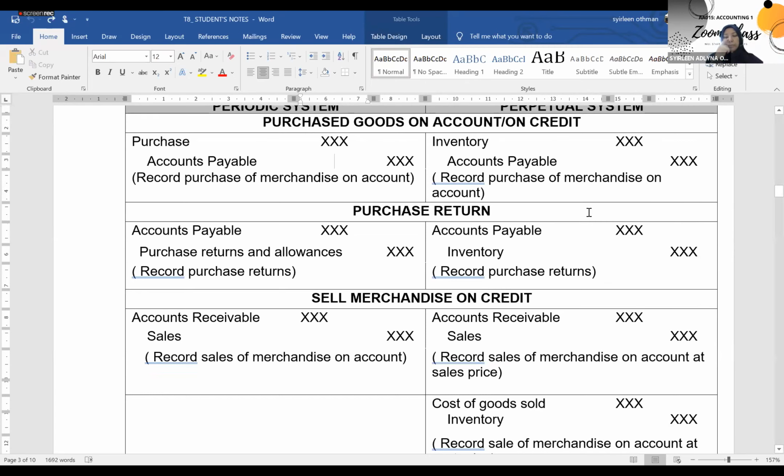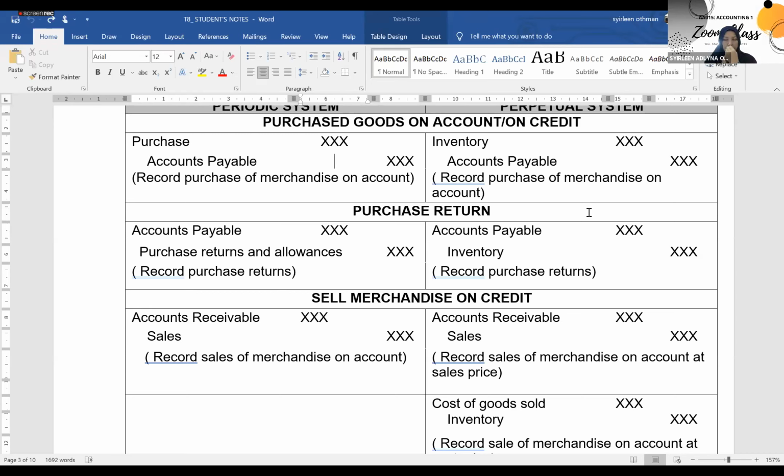Perpetual tu maksudnya berterusan. So you akan calculate every time ada transaction dalam perniagaan. So kalau kata ada 30 hari, ada 21 hari ada transaction jual dan beli, that means untuk inventory saja you akan record 21 kali. That means kita akan record inventory masuk, inventory keluar, inventory masuk, inventory keluar.